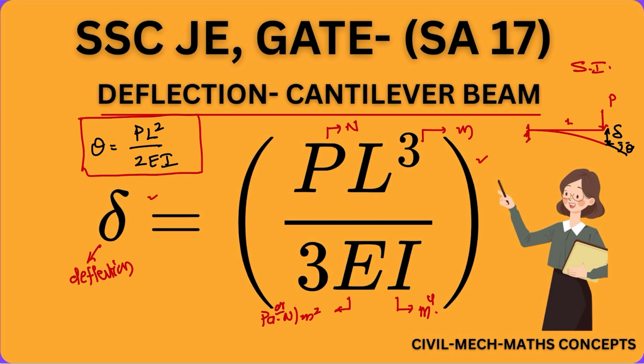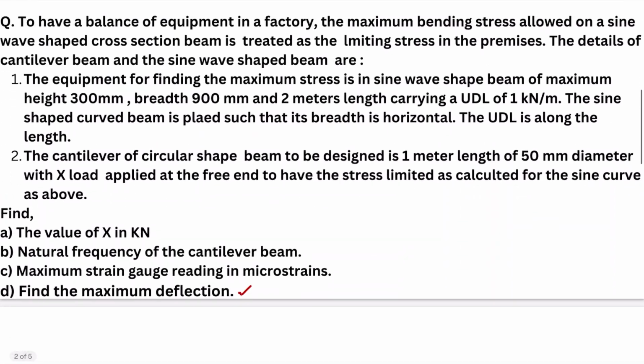And please have an idea about the dimensions also. If P is not given in newtons, if it is given in kg, then we have to convert it into newtons. Don't just put in the value of P, whatever is given in the examination. Please see the dimensions. Let us cross check the dimensions.